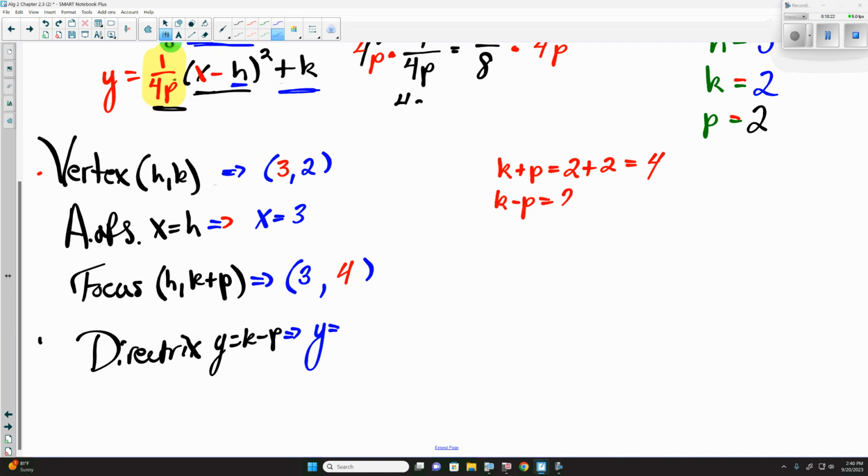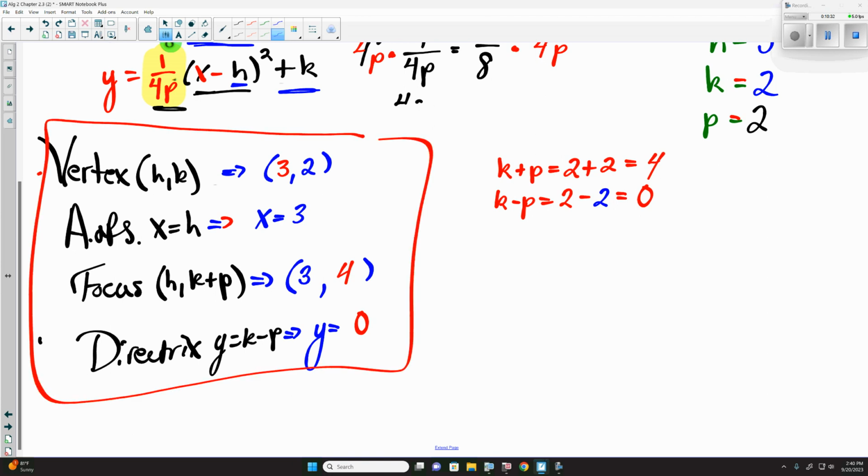Now we do need to calculate this, so k is 2, p is 2, and 2 minus 2 is? That's it. Because once we found the values of h, k, and p, we can find the information we need.